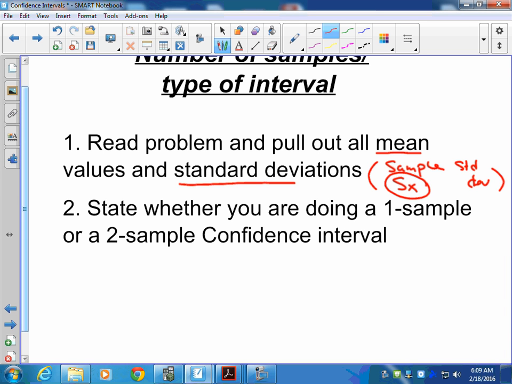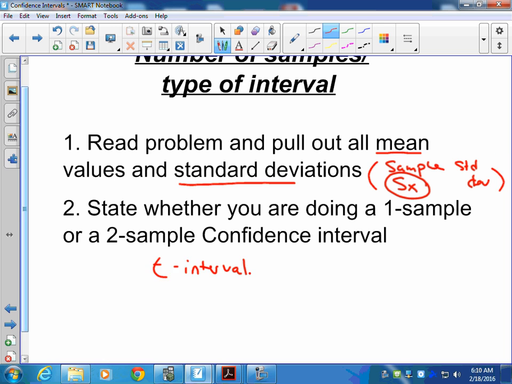So we're looking for mean value problems based on sample standard deviations. And that tells us that we're actually doing a T interval because the standard deviation of the population is unknown.